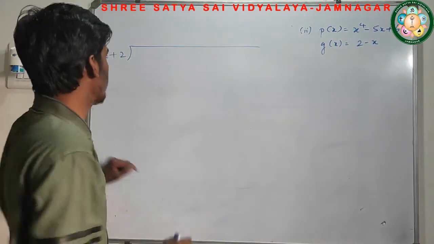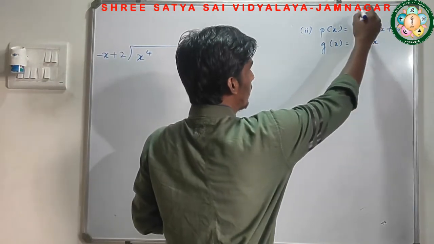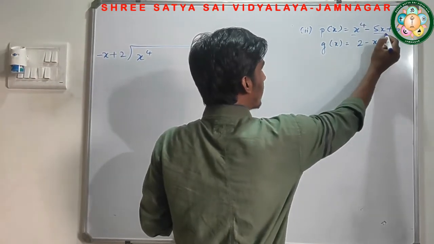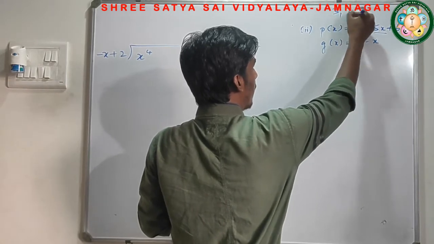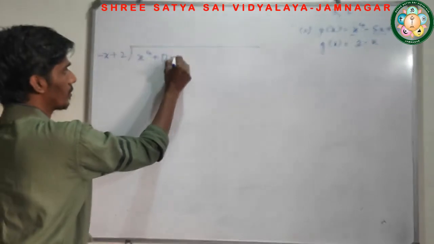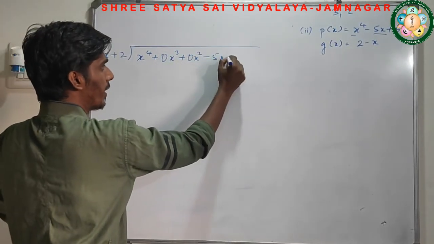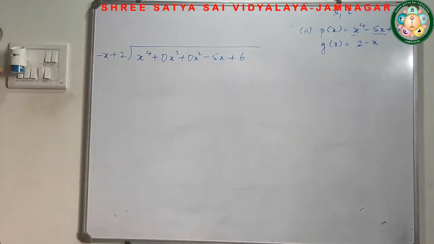And p of x is x raised to 4. There are no terms between x raised to 4 and 5x having power 3 and power 2. So what we are going to take here? 0x cube, 0x square minus 5x plus 6.